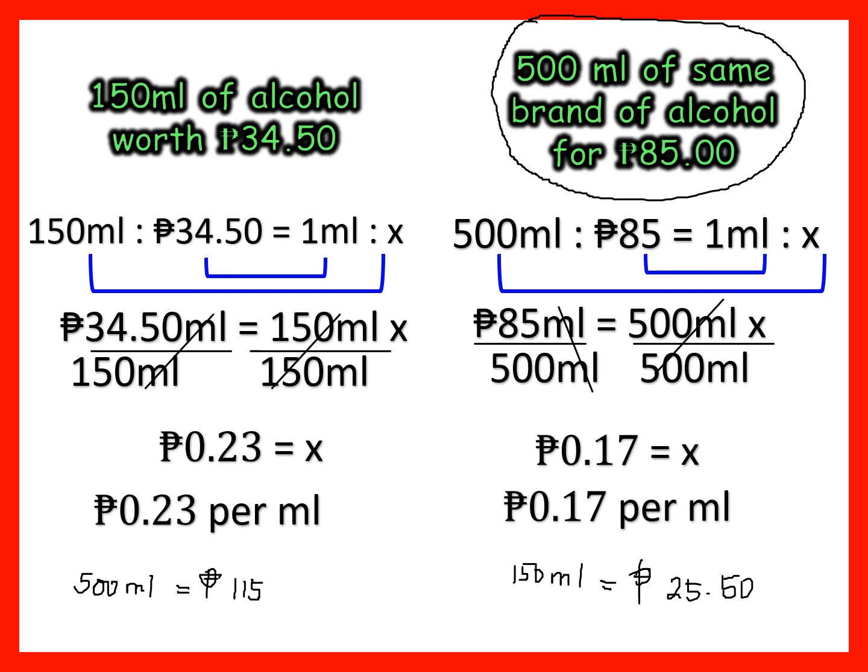With that, you can demonstrate and compare the relationship between the amount and size, and that's math. So that's all for today. I hope you learned something about ratio and proportion in real life situations.